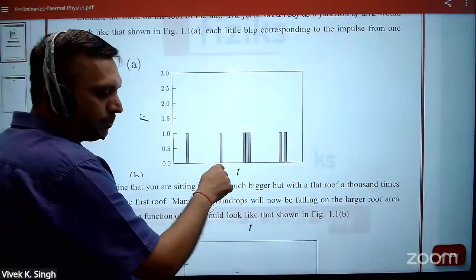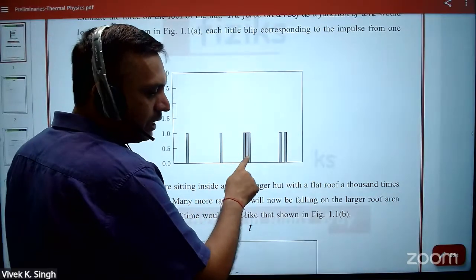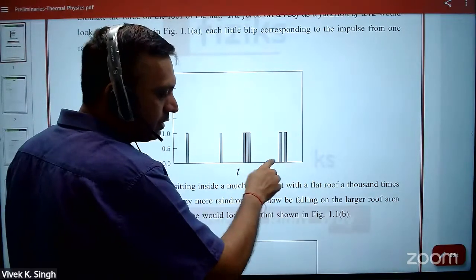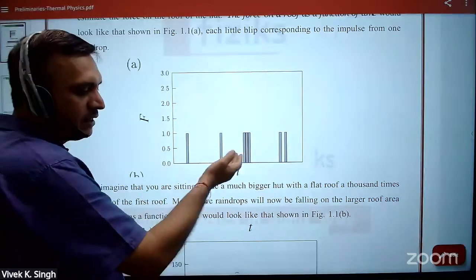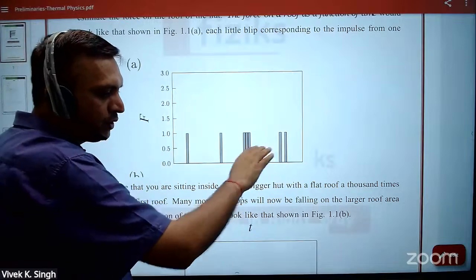Then another raindrop strikes. Then let's say 3 raindrops strike. Then no raindrop strikes. So what will be the force exerted by the raindrops? You will get this type of situation, force versus time.